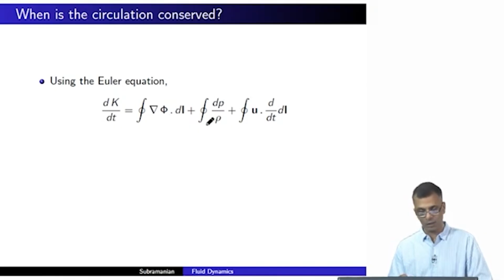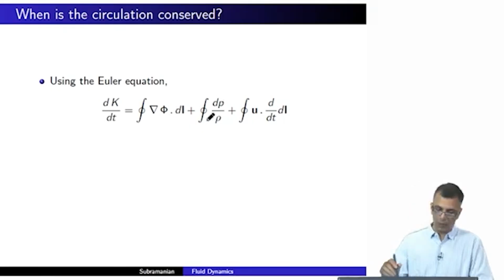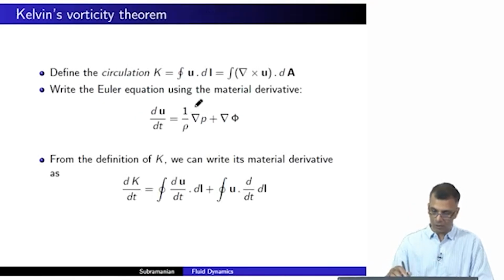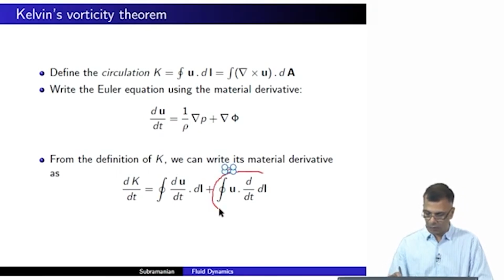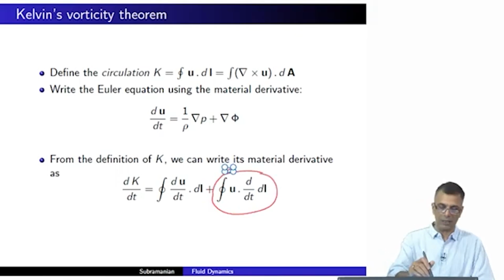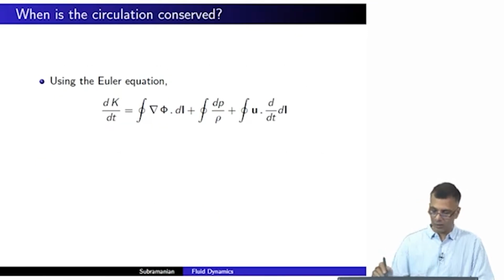This is just a perfect differential, because you see there's already a gradient of p. And because we want to retain just this term on the left hand side, this one, it goes over to the right hand side, right? So that's where you get this.